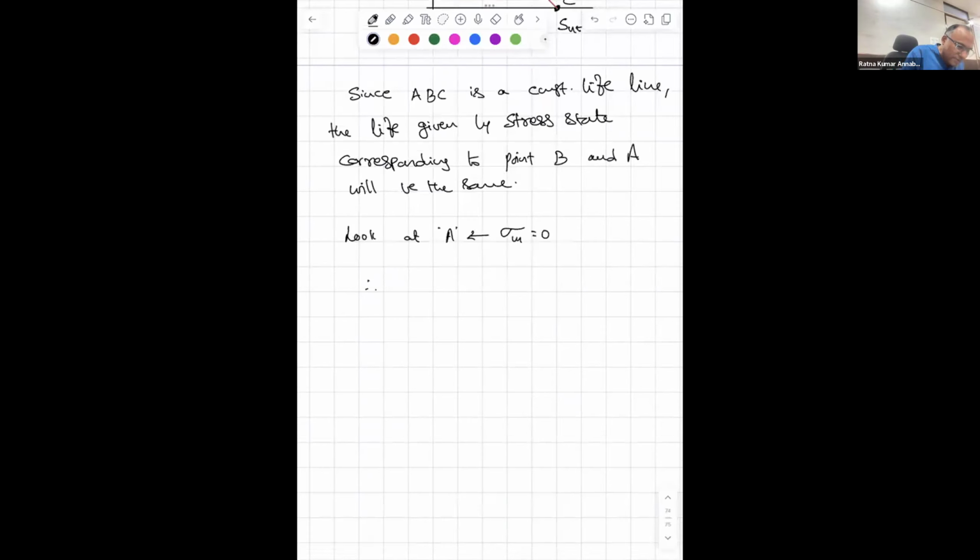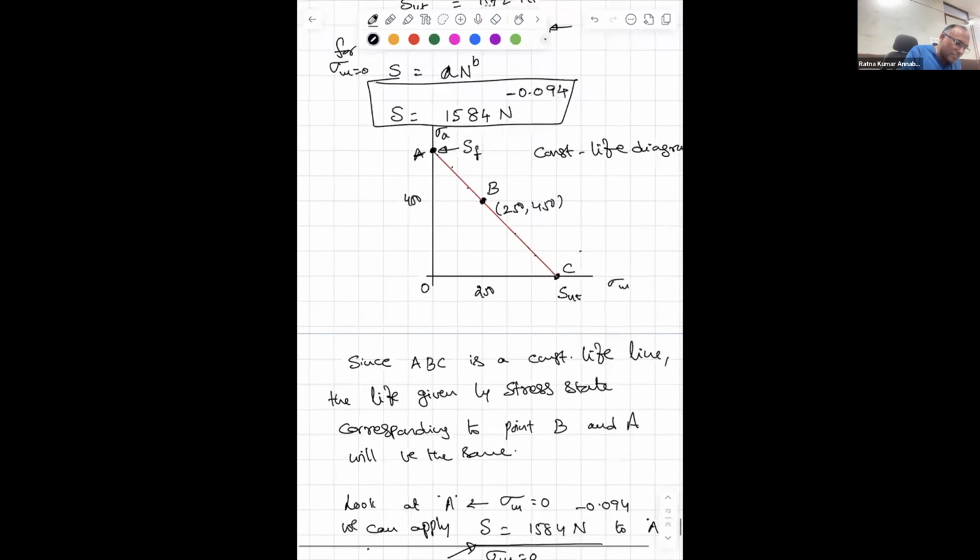Therefore we can apply S is equal to 1584 n to the power minus 0.094 to A. Can I do that? You understand why I am applying this formula there? Because this formula is suitable when mean stress is equal to 0 for that material. It is the same material and this point corresponds to that, and hence the stress state at this point should satisfy this line equation, isn't it?